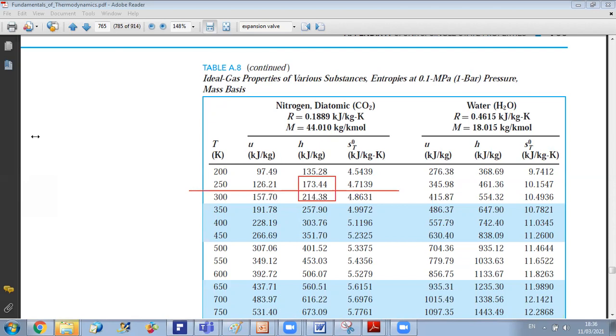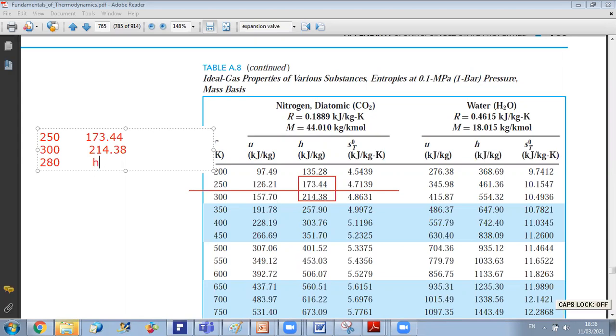I know that at 250, my value of H is 173.44. I know that at 300, the value of H is 214.38. So if I want to get the value of H at 280, I should just do an interpolation.